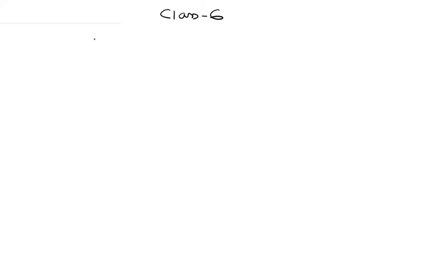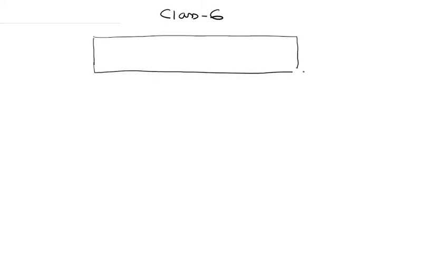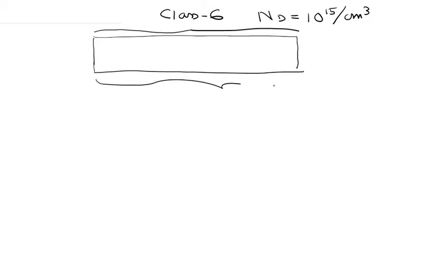So let us consider that this is a bar of semiconductor, and we dope this entire semiconductor region with donor type impurities with Nd equals 10 to the power 15 per centimeter cube. So we dope this entire region with, let us say, 10 to the power 15 per centimeter cube of phosphorus atoms. So this basically becomes an n-type semiconductor.